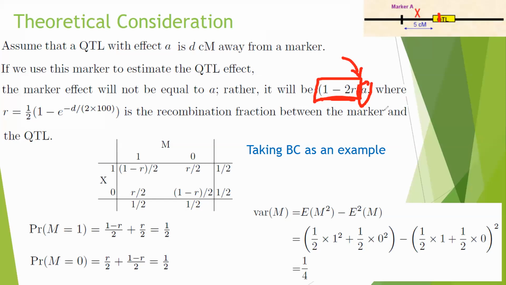That will affect your statistical power for detecting even the major QTL, right? For QTL with a very small effect, it was usually very challenging to detect those minor-effect QTL in the past.